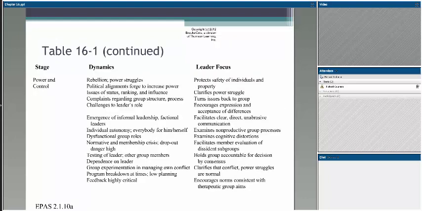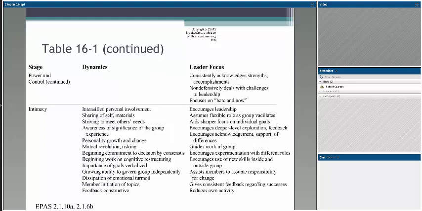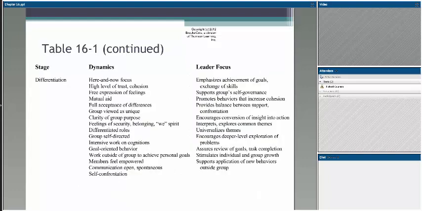And power and control, which is another dynamic, looks at these particular dynamics as they relate to what's happening in the group, and the focus for the leader is to your immediate right. Power and control continued. The differentiation stage.